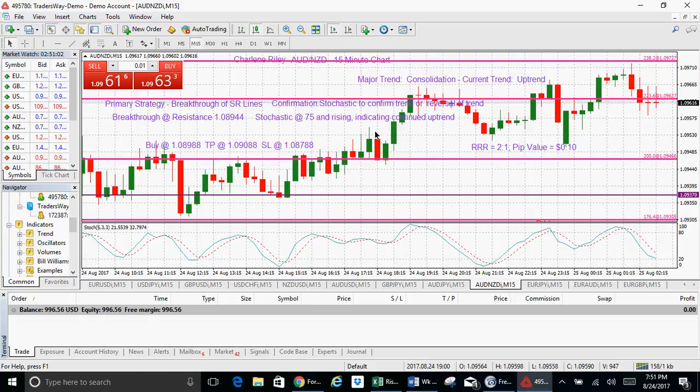The wording that was here, am I recording? Okay, yeah, I am recording. Okay, so the wording that's here on the chart is from previous trades and trade setups.